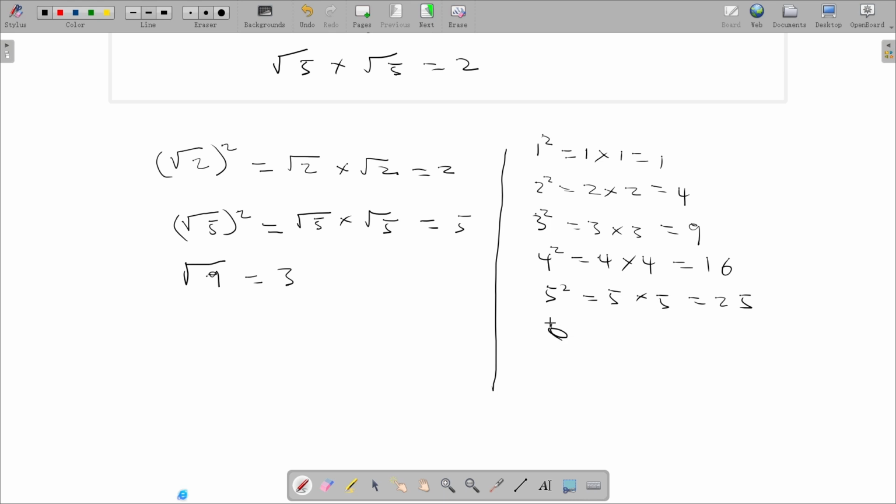How about 6 squared? 6 squared is 6 by 6, which is 36. Right. 7 squared is 7 times 7, which is 49.